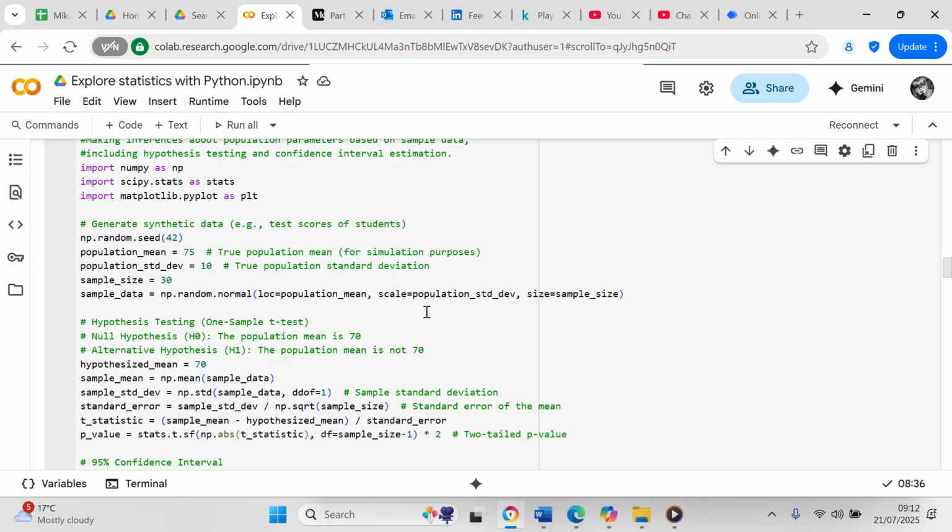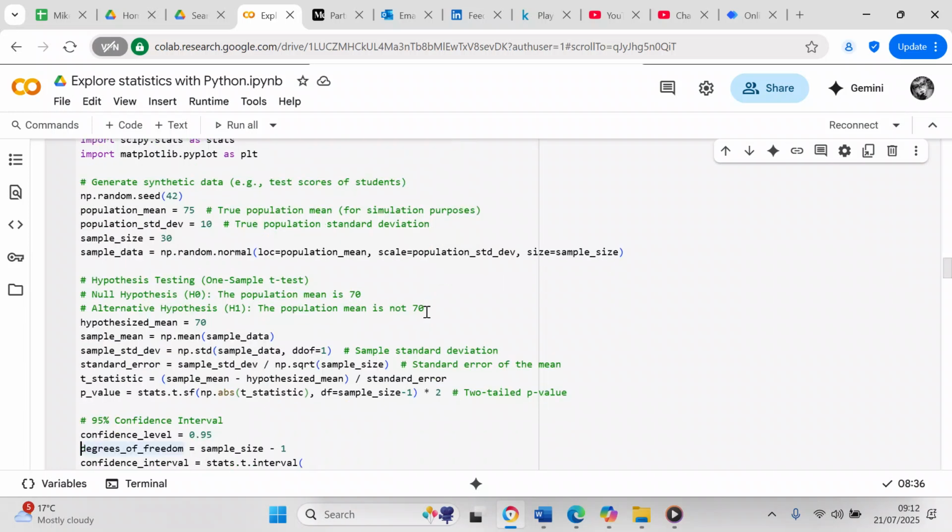Your p-value, which is a probability, equals stats.t.sf, where sf stands for survival function, brackets, np.abs, brackets, t statistic, comma, df equals sample size minus 1, so that's 29, times 2. That's a two-tailed t-test, which is where you get the p-value from.